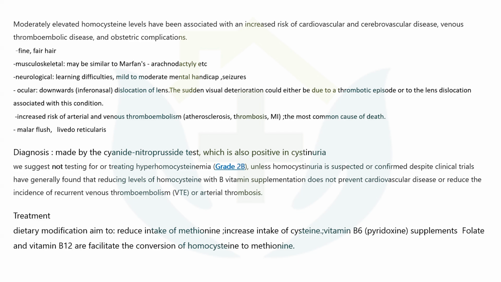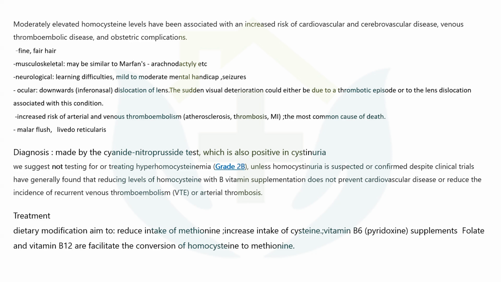And other symptoms, like the patient has neurological problems, learning disabilities, mental retardation and seizures. Ocular, some lens dislocation also happens here, and sometimes sudden visual deterioration because of thrombotic occlusions of the arteries, and lens dislocation may also cause visual deterioration.